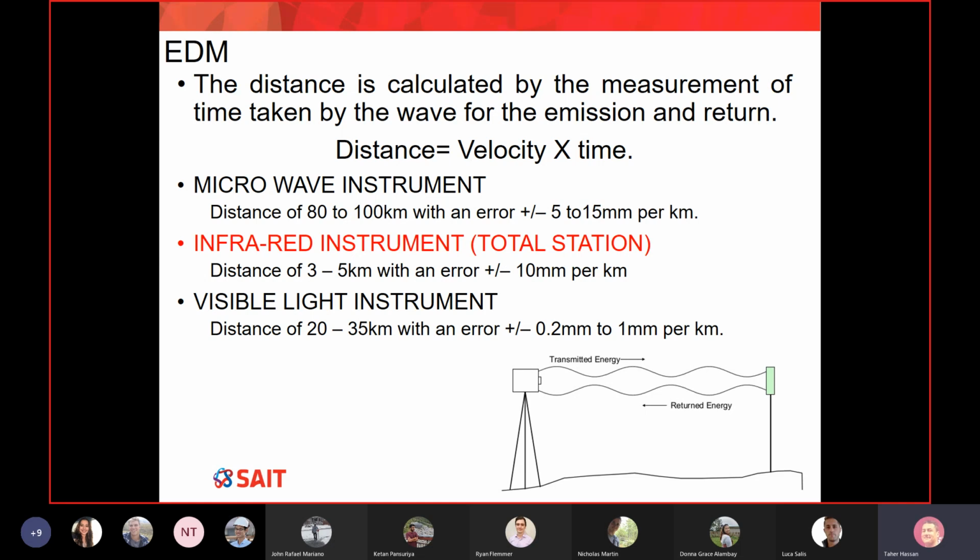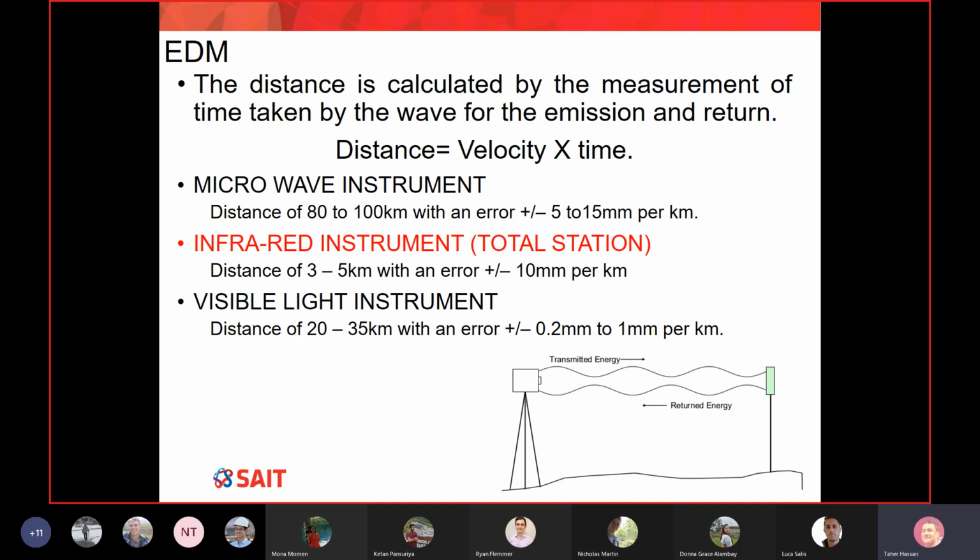We measure distance electronically by means of EDM. How it works is the EDM simply emits a signal. The signal travels all the way until it hits your object, and is reflected back to the device, where the device can measure the time of travel back and forth. By knowing the velocity of the signal, we can estimate the distance, the same as the equation you see on my screen: distance equals velocity multiplied by the time of travel.